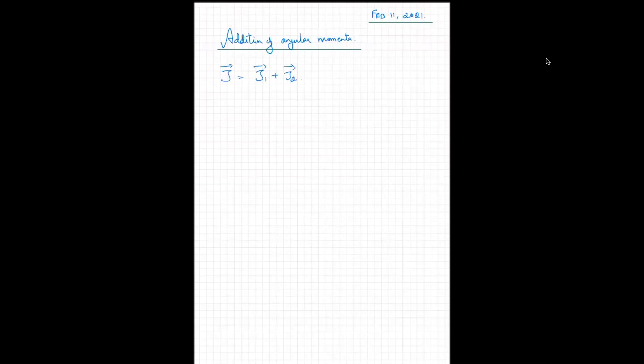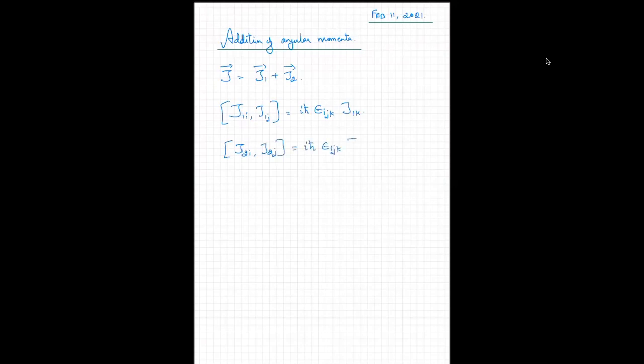We know that the commutator of the components of J1, [J1_i, J1_j], is i h bar epsilon_ijk J1_k. Similarly, the commutator of the components of J2 satisfies the angular momentum algebra, i h bar epsilon_ijk J2_k.